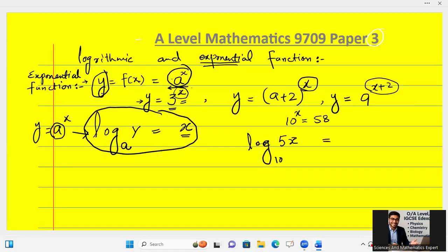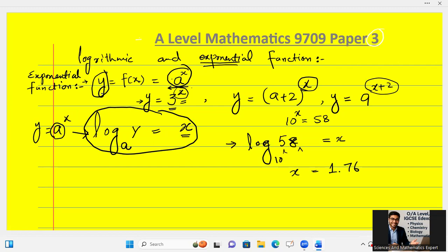Just check on your calculator what the value is. x will be equal to 1.76. There is no need to go into characteristic and digit numbers; just take the calculator values.